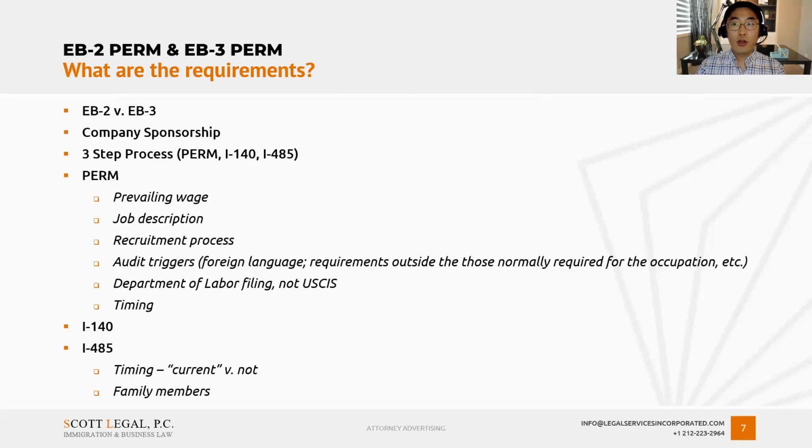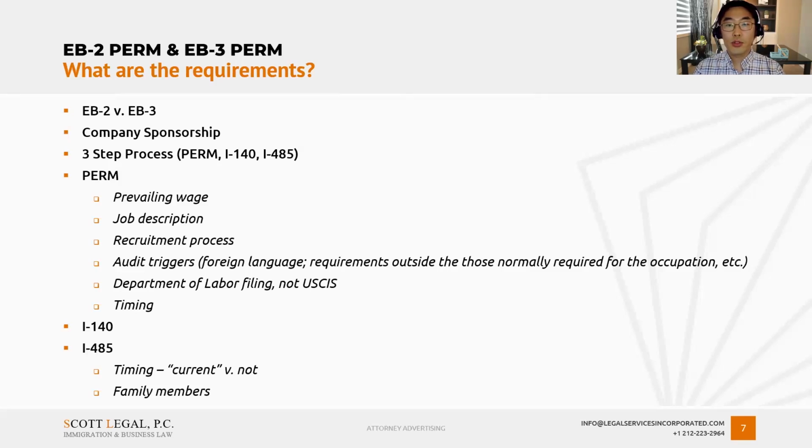Basically, they really need to run advertisements, and U.S. workers will actually submit their applications. If the company cannot find any U.S. worker who meets the position requirements and who can perform the proposed job duties, then the application for the labor certification can be filed with the Department of Labor.